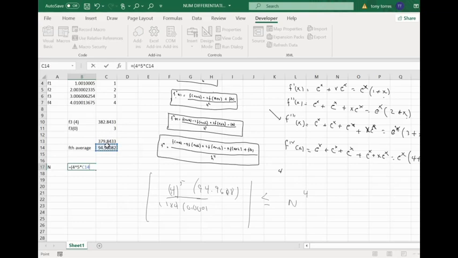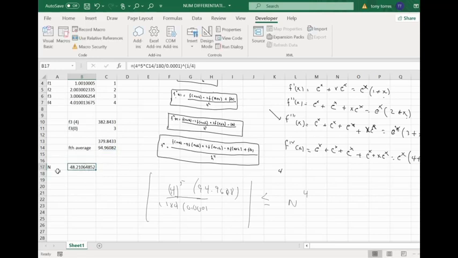And all that divided by 180, which is also divided by the truncation error, 0.0001. Now close that parenthesis and raise all that to the 1/4 power, and let's see if I got everything right.